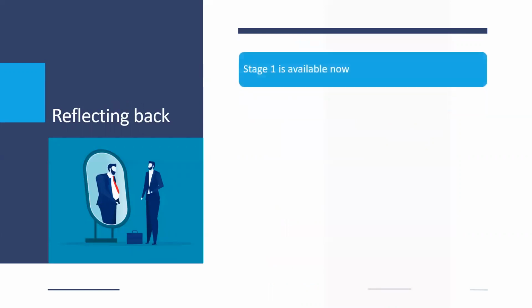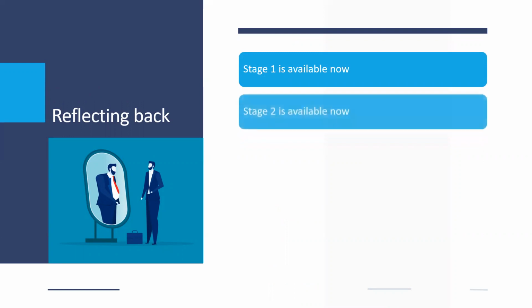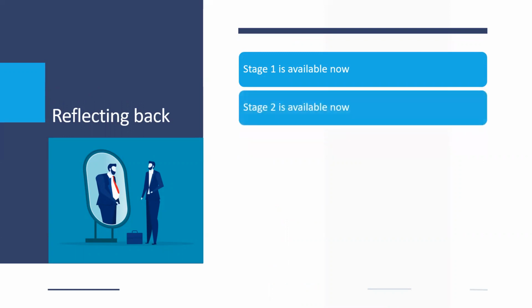So let's reflect back on everything that we've covered in today's webinar. If you haven't already, stage 1 should have been completed in Xero. This is the updating of employee profiles. Stage 2 is the newly released stage and is available now. It's all about reporting the individual components that make up an employee's pay rather than reporting just a single gross amount.